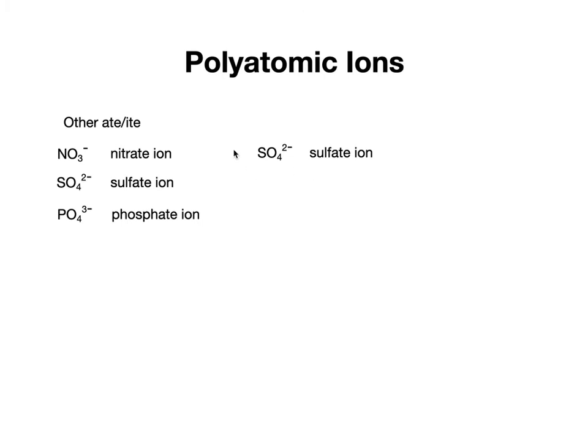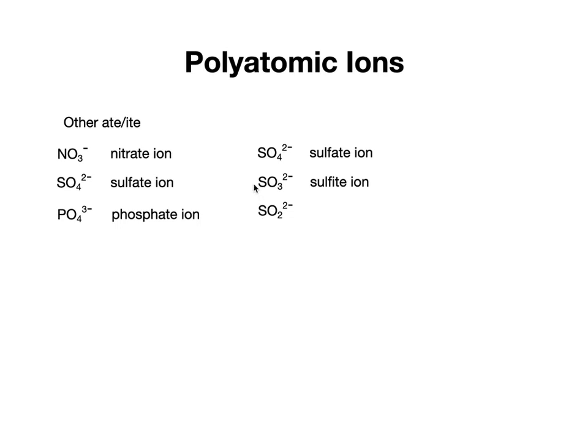If this is the sulfate ion, what would this be, based on what we've talked about on the previous slide? This is sulfate. What's the only difference? I didn't change the charge. There's one fewer oxygen. What would this have to be? The sulfite ion, right?